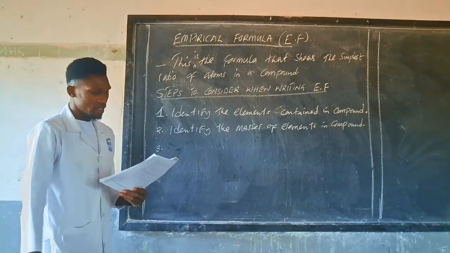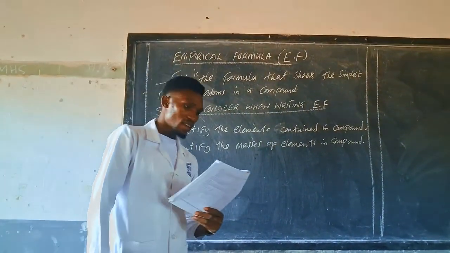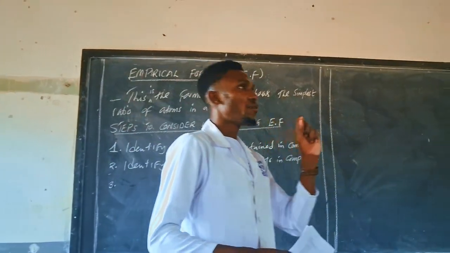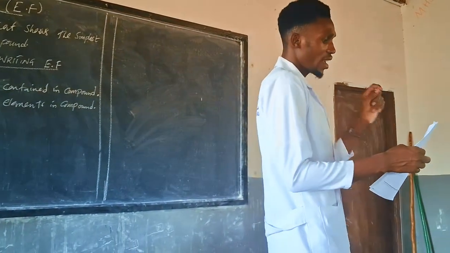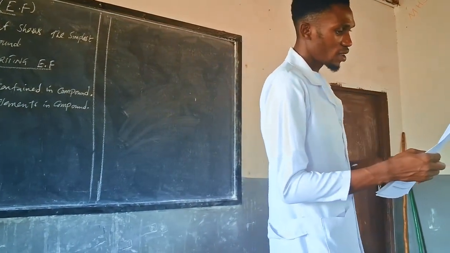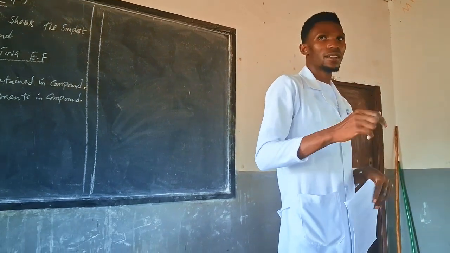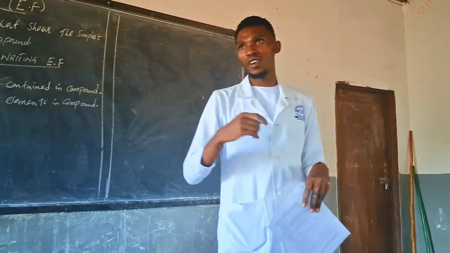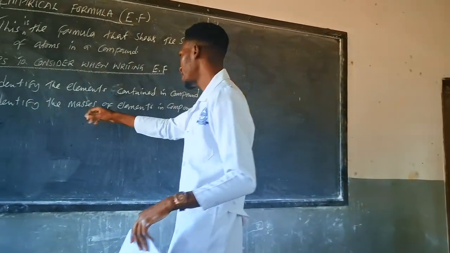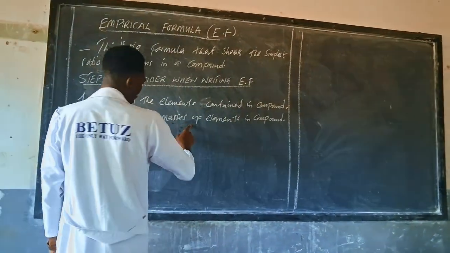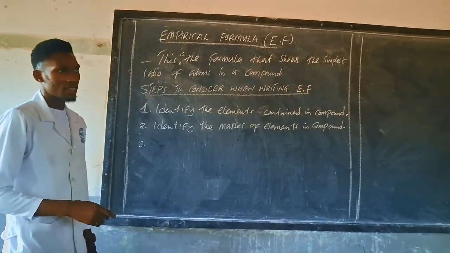Then a third step: you should divide. We divide the mass of an element or an atom by its relative atomic mass. So you should divide the mass which we have identified by the relative atomic mass.